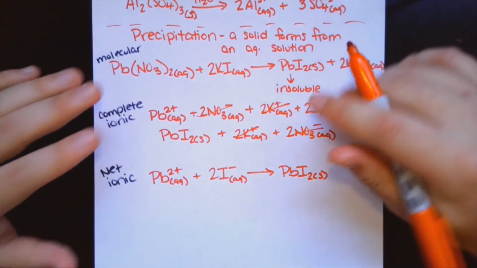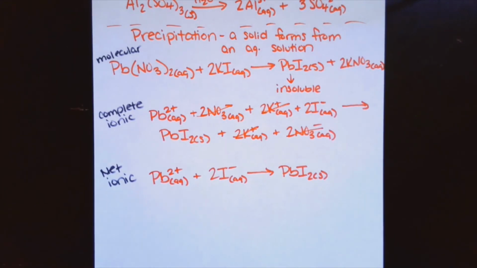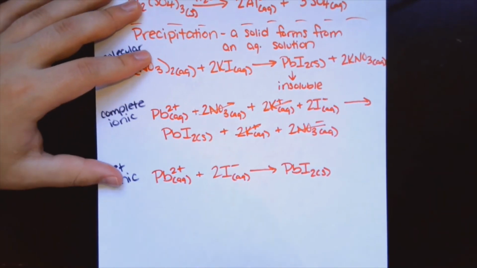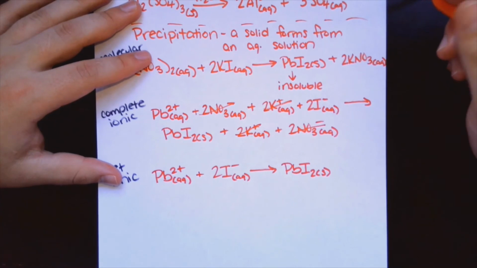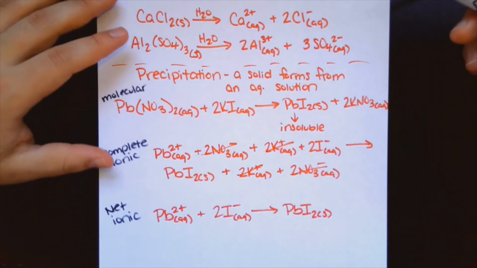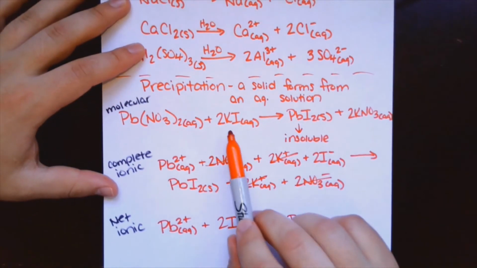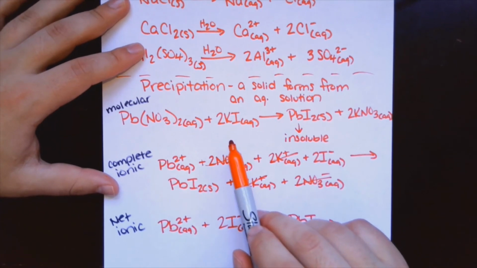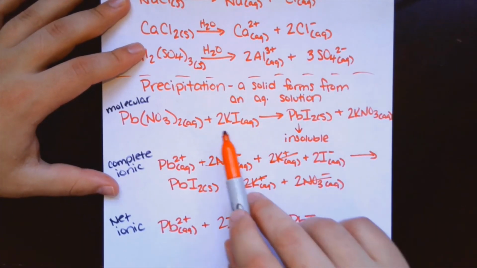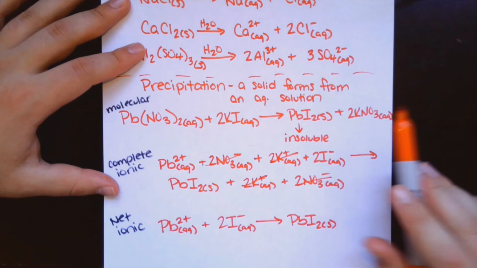Some of the rules just outright say that everything is soluble. For instance, one of the rules is that group 1 metals are soluble. So that means that any compound that has a group 1 metal, like potassium iodide for instance, is always going to be soluble. See, both of the ones that have potassium are always soluble.